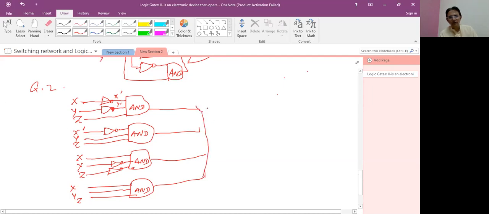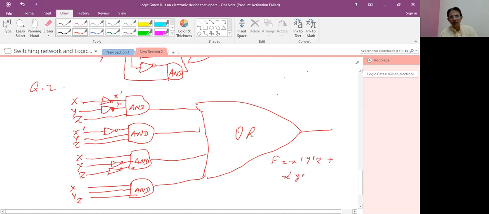OR gate. So the output is F equal to X complement Y complement Z plus X complement Y Z as it is plus X into Y complement Z complement, and the last one, and all are added with an OR gate. Then we draw according to these symbols. So all are connected with OR gates.